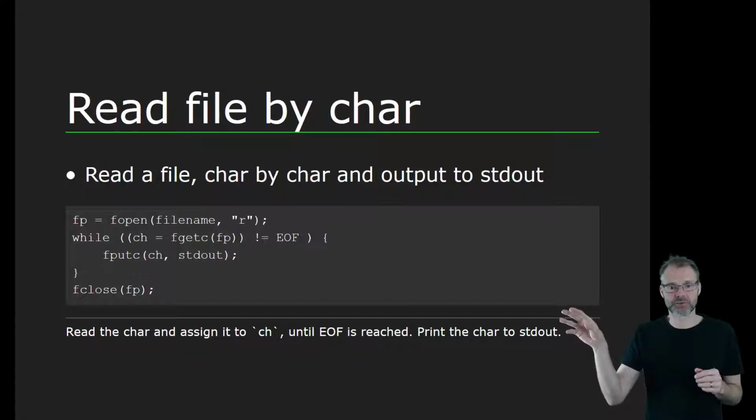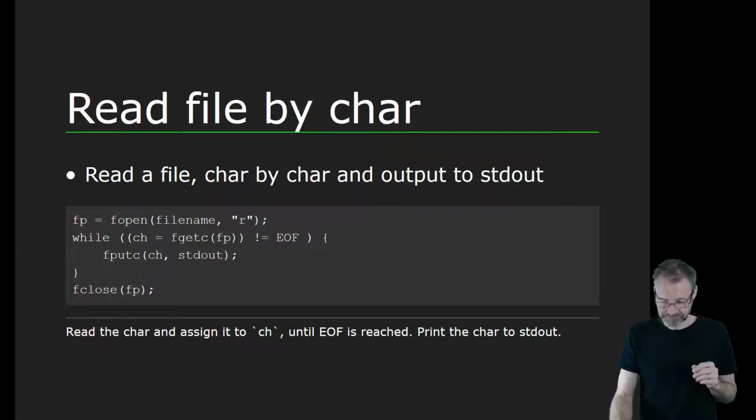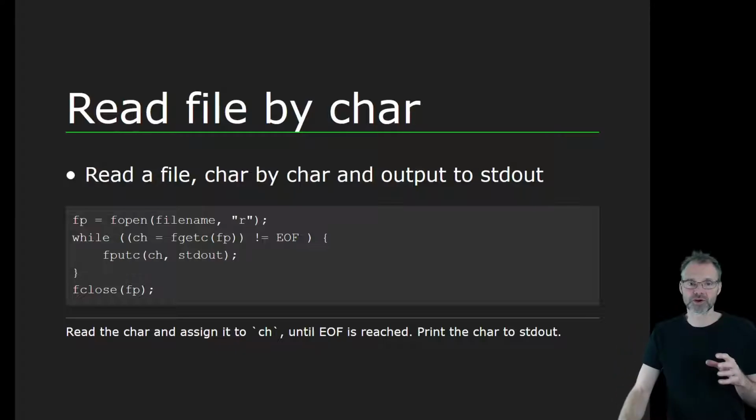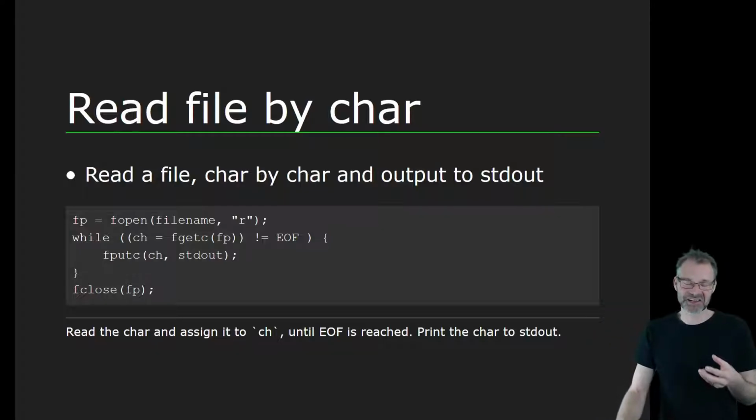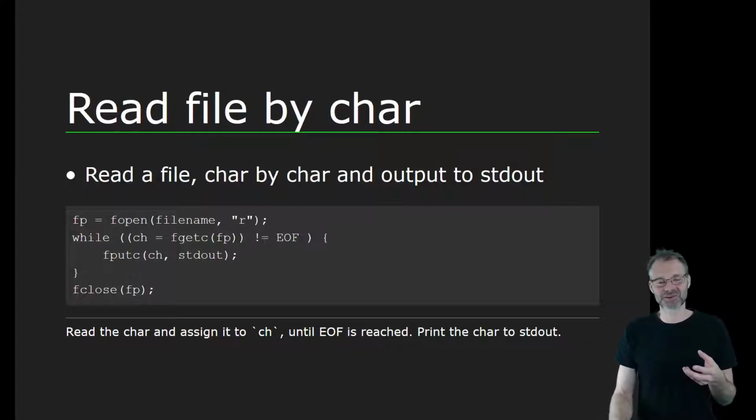Here standard output is a specific file pointer that already exists and is open. Then we can just close it. Okay, so that is how to read a file character by character, and we can also write character by character.